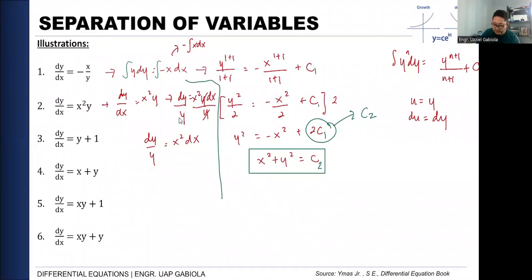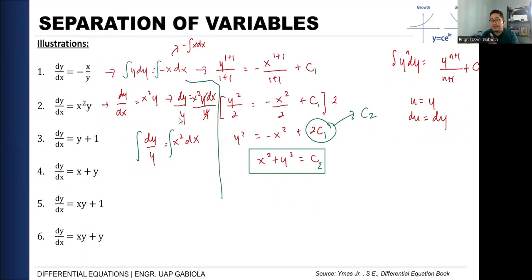And what is the integral of dy over y? ln y. Okay? So when yung exponent natin is equal to negative 1, pag nag-plus 1 tayo, nagiging 0 siya.